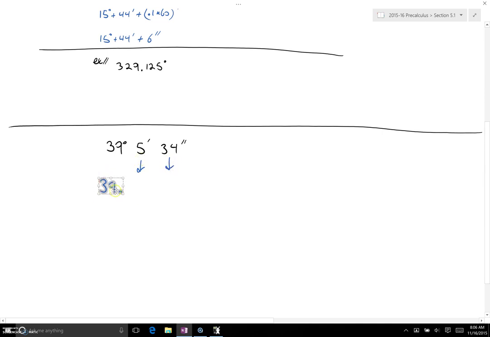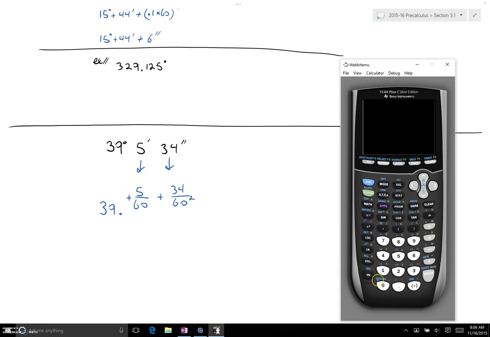And remember that 5 minutes is a 60th of a degree, and seconds is a 60th of a minute. So we're going to end up dividing that twice by 60 to get it to be a degree.